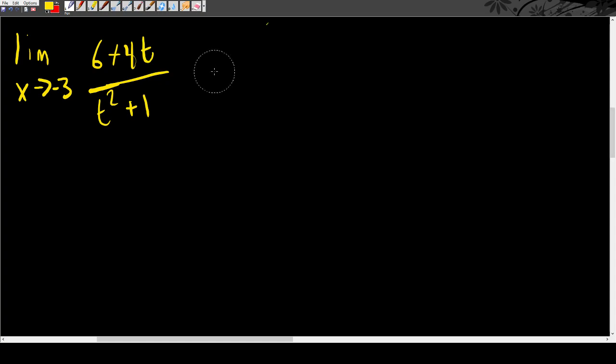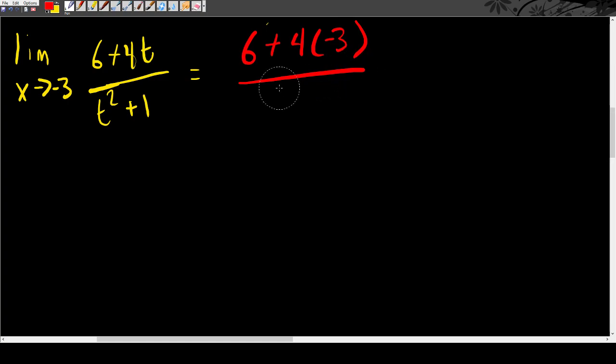Kind of the same idea. Once again, let me swap colors. 6 plus 4 times -3 over -3 squared plus 1.